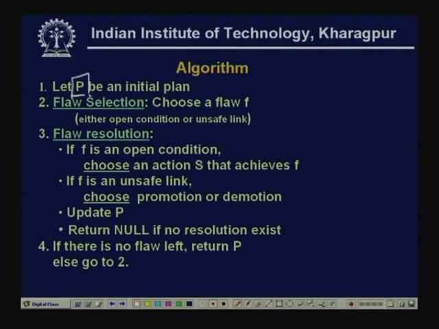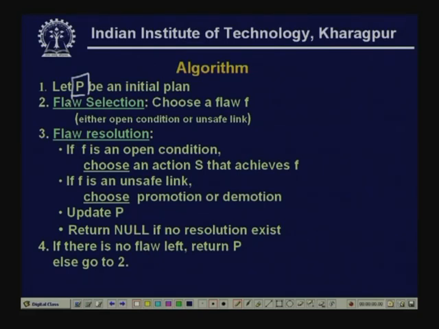So, P is a plan, we find out if P has a flaw, and we choose a flaw F. The flaw could be an open precondition or it could be an unsafe link. Once we have selected a flaw, so a partial plan may have several flaws, we choose one of them.